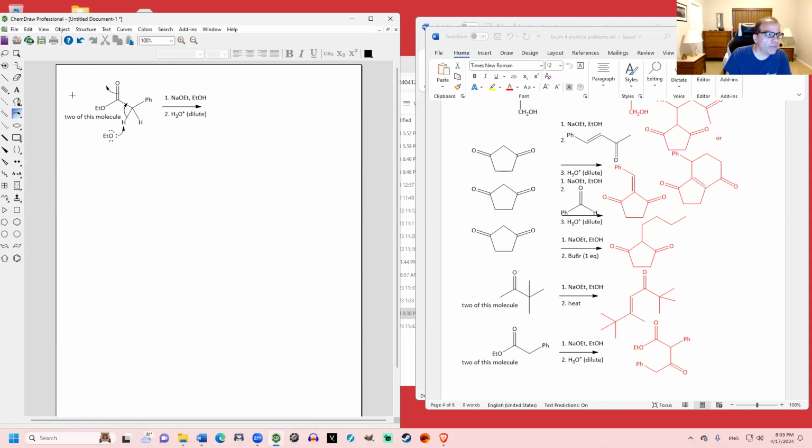That forms the enolate of the ester, which looks like this. That enolate then adds into another molecule of the same, since it says 2 of this molecule.